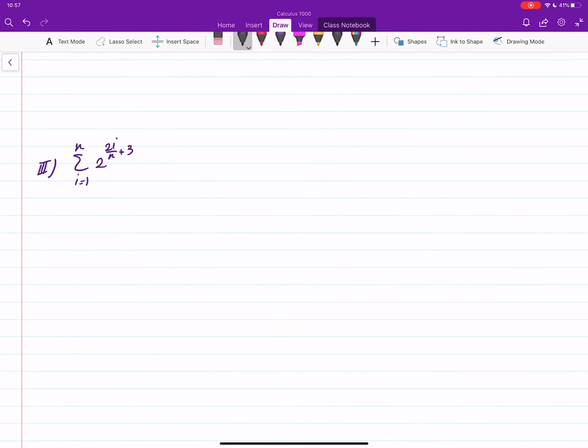How about this one? Remember that we have the sum of r to the power i, i going from 1 to n, is given by (r minus r to the power n plus 1) over (1 minus r). So here, this is a little bit more complicated than just r to the power i. But what we can do, we can turn it into such things.